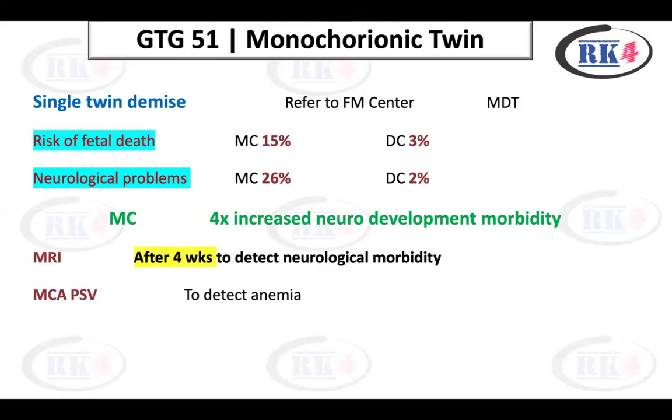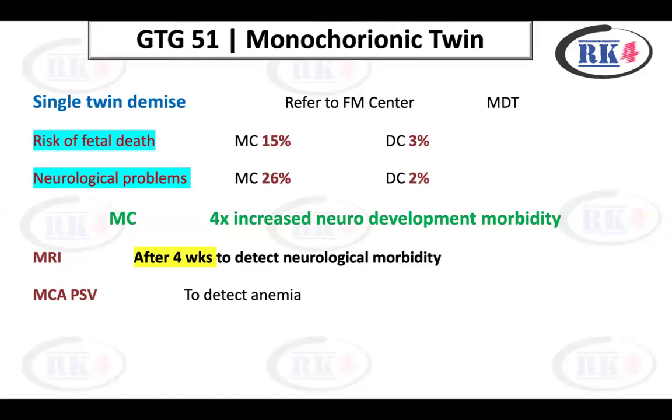And a recall. So if there is a fetal demise, what should you do? When should you monitor for neurodevelopment? You will do a fetal MRI after 4 weeks to detect neurological morbidity. Remember, it's not done immediately. I mean, you detect that one twin has died and the other twin has survived.